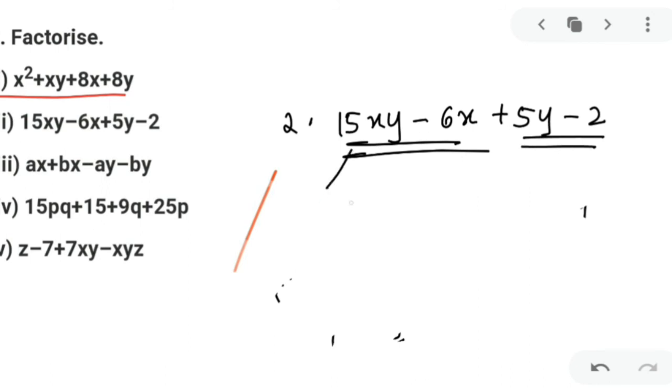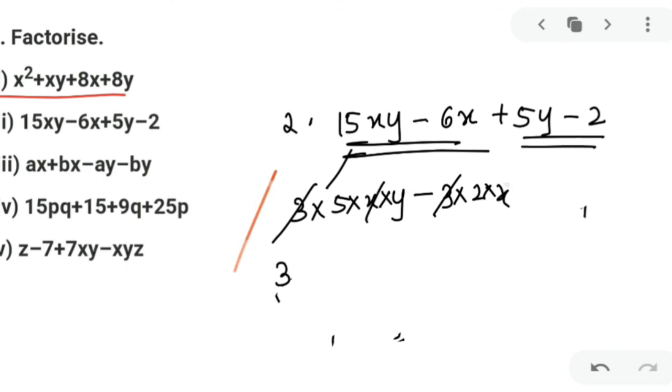First split it so that you can get something common. Can I write it 3 into 5 into x into y? And for 6x, can I write it 3 into 2 into x? So from here I'll get 3 common, x common, and inside will be 5y minus 2. Am I correct with the first part?